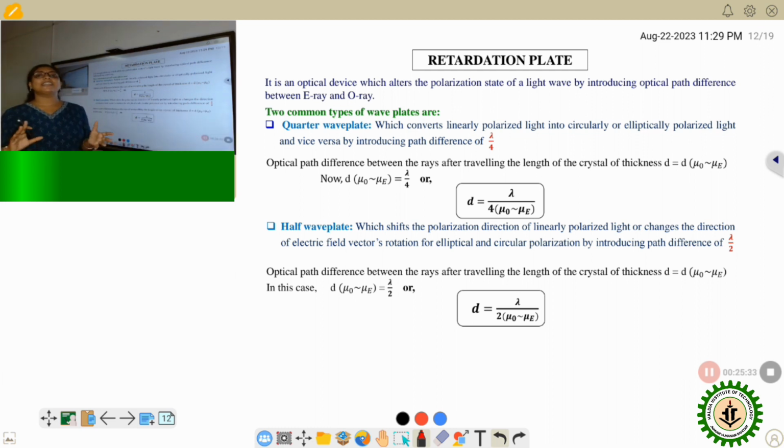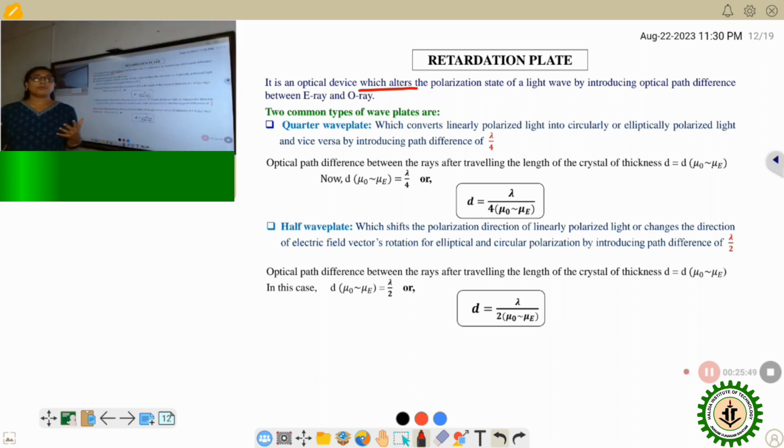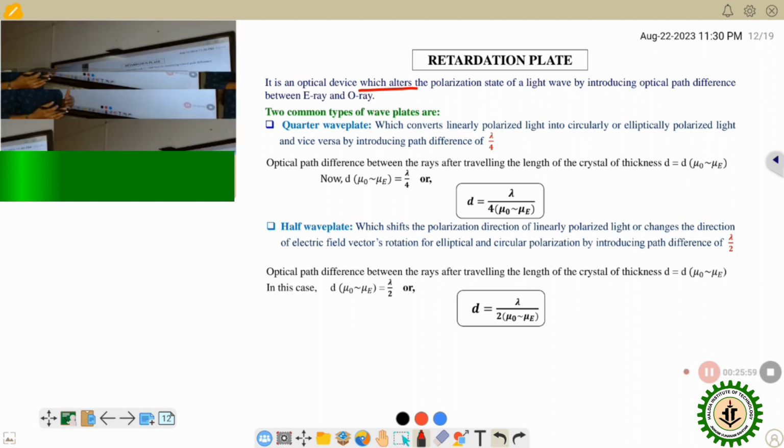Whatever it does, it changes the state of polarization of a light. But a retardation plate cannot polarize any unpolarized light. You have to keep this in mind, that it cannot produce a polarized light from unpolarized light, but given a certain type of polarized light, it can easily change the state of polarization.